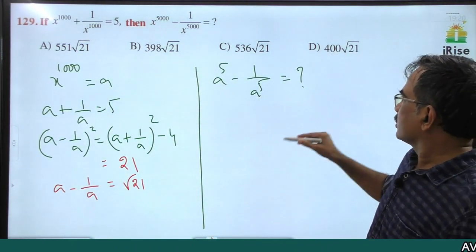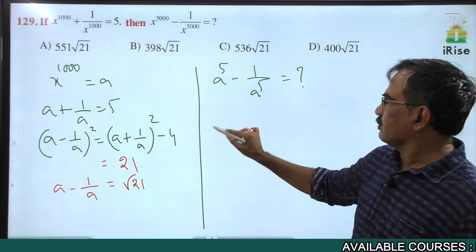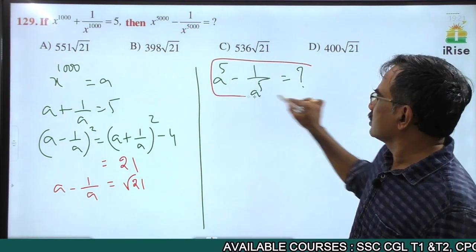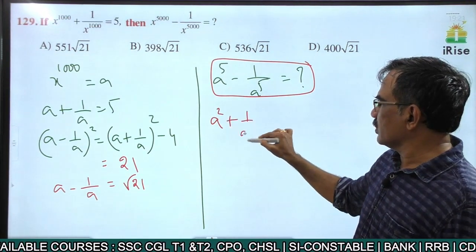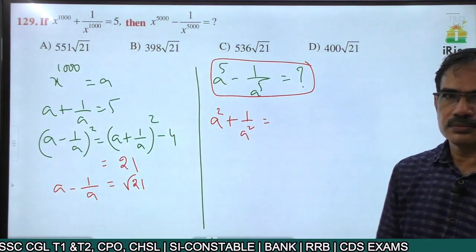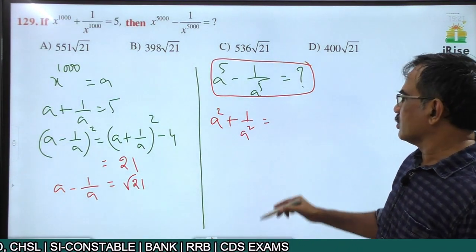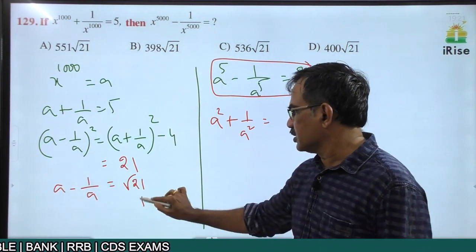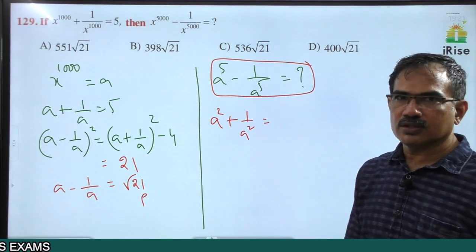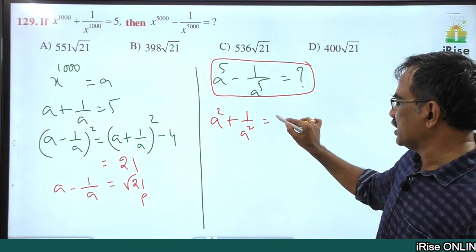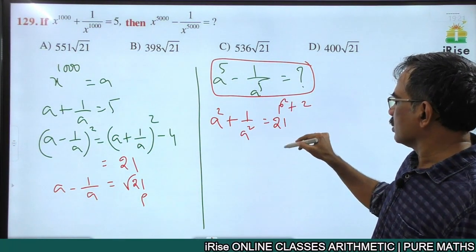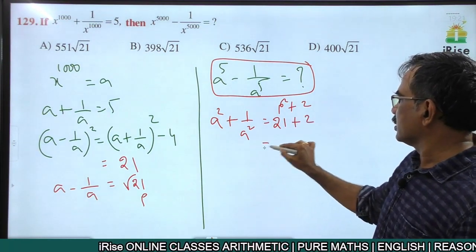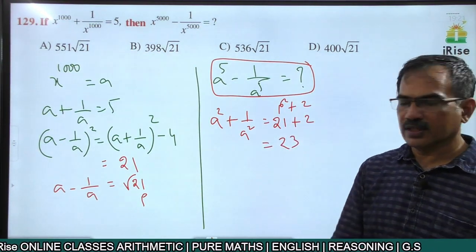So to get this, first I want to find what is a square plus 1 by a square. A square plus 1 by a square, if this is p, a square plus 1 by a square is equal to p square plus 2. P square is 21 plus 2, which is equal to 23.